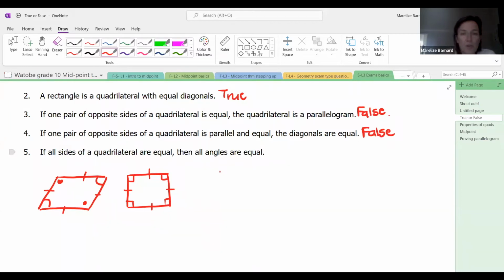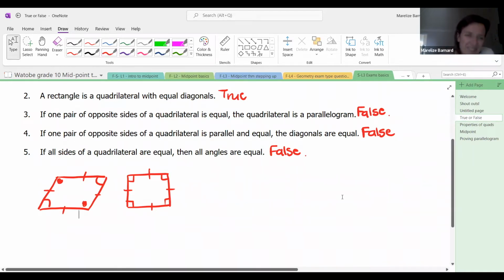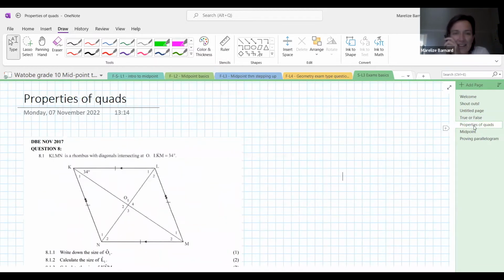So we're going to have to go with false here because it's only true for a square. If we look at a rhombus, it's not, so we can't say that this is always going to happen. If all sides of a quadrilateral are equal, then all angles are equal. It's actually false because when you look at a rhombus, Fuchilo, the opposite angles are equal. Okay, let's go on.